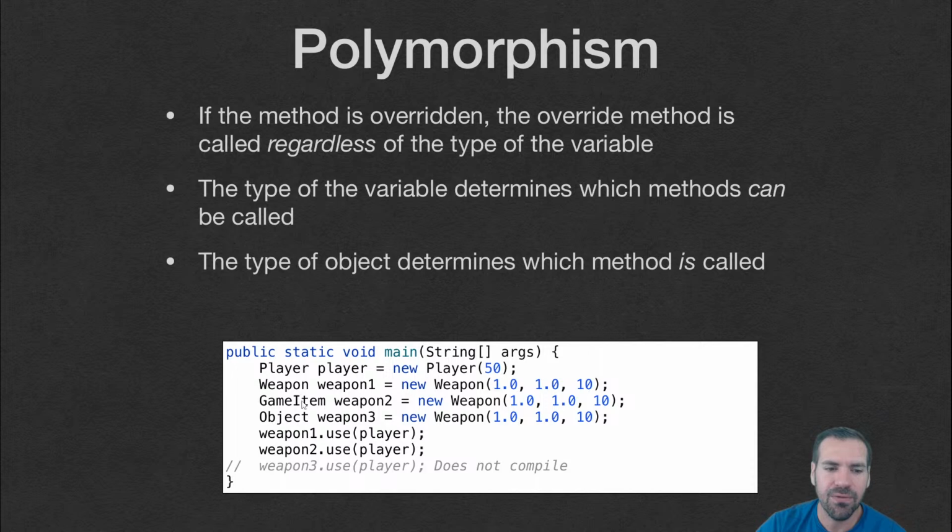So this variable of type GameItem refers to a weapon, and if Weapon overrides the use method and I call the use method through weapon2, I still get the overridden use method from the Weapon class. So what method is allowed to be called depends on the type of the variable. What method is actually called works exactly the way it always has. It depends on the type of the object.